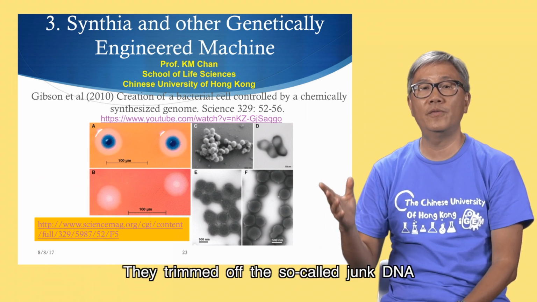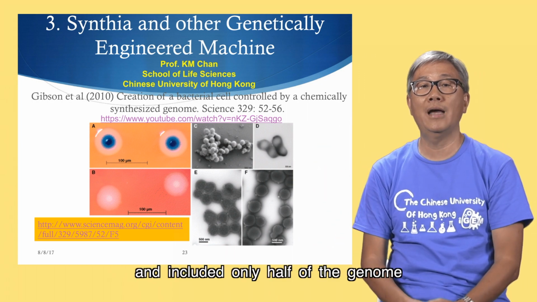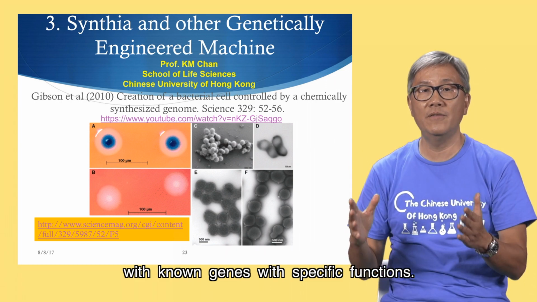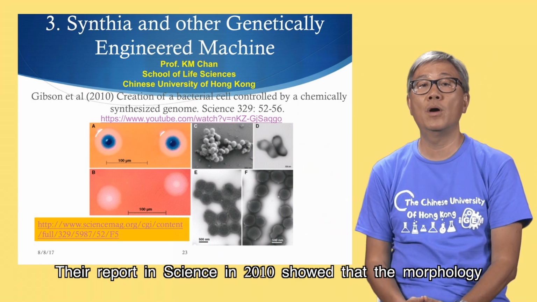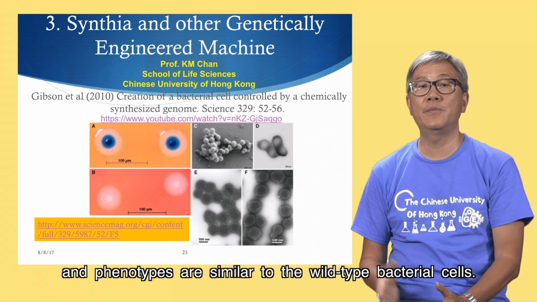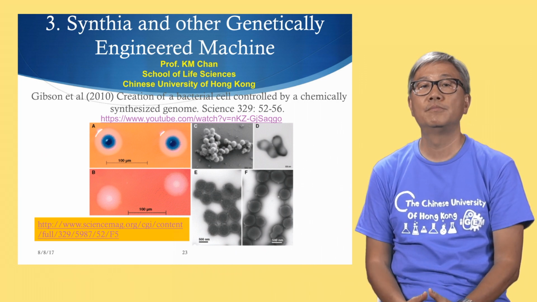They trimmed off the so-called junk DNA and included only half of the genome, with long genes with specific functions. Their report in Science in 2010 showed that the morphology and phenotypes are similar to the wild-type bacterial cells.